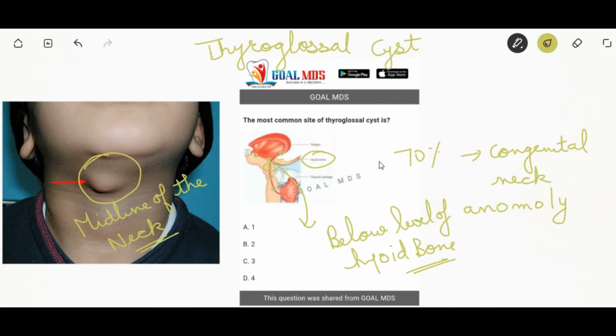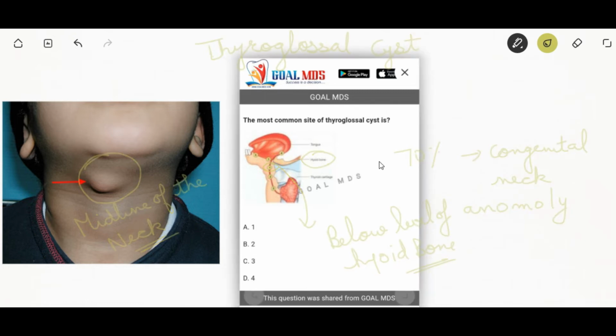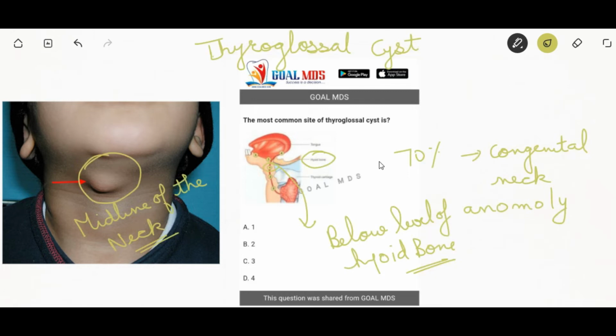So they are located in the midline, tucked next to the thyroid cartilage. Now, how can you diagnose this? You can diagnose by history collection or physical examination. On the physical examination, what you would see is the mass.